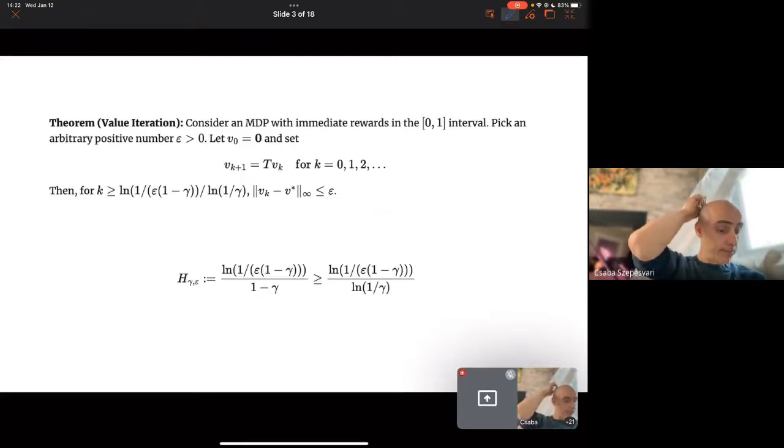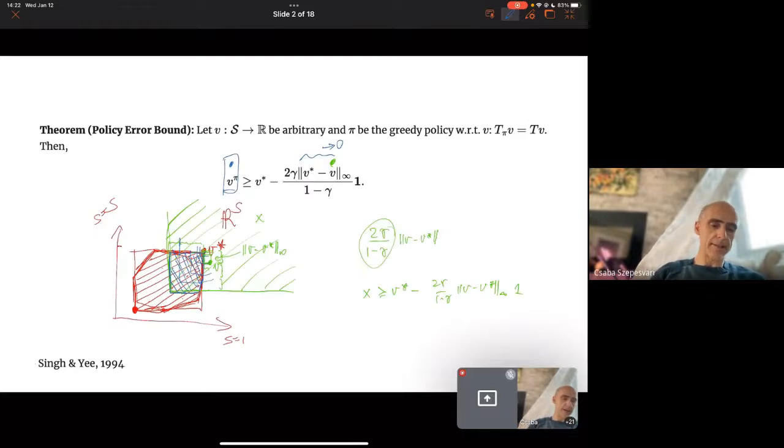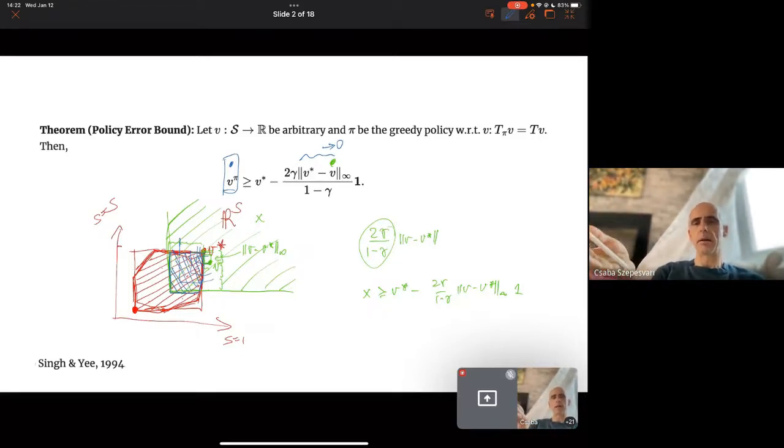Let's move on. So this was the first result, and we're going to rely on this result and versions of this result a lot. It comes up all the time, because the calculations go by calculating some value function, maybe an action value function, maybe a value function, and then maybe greedifying.